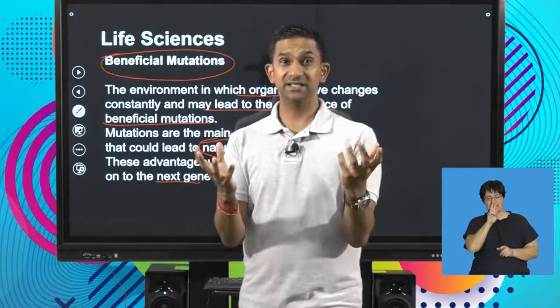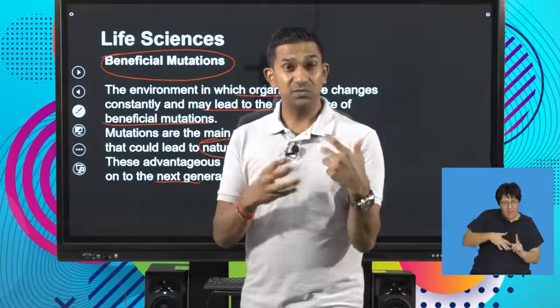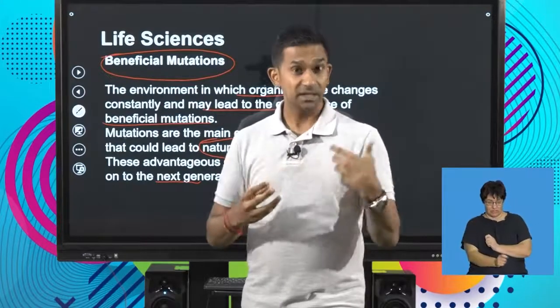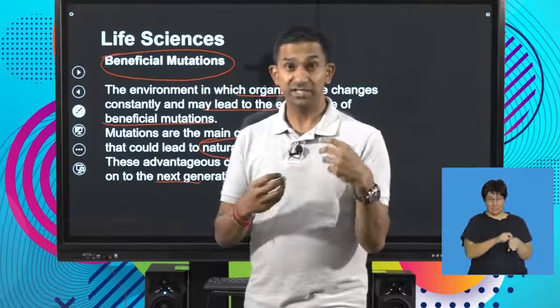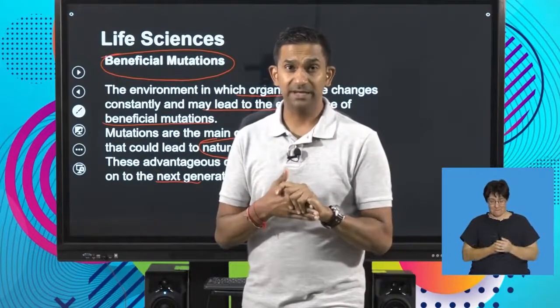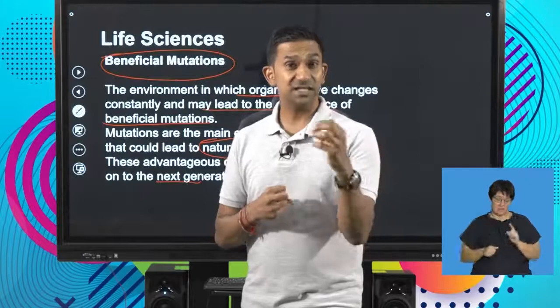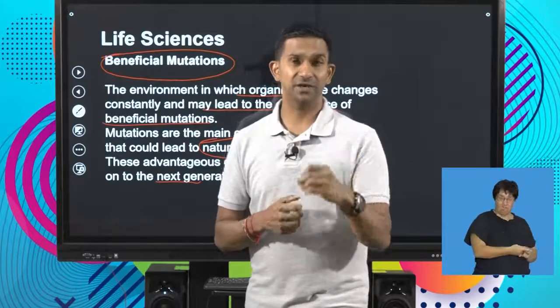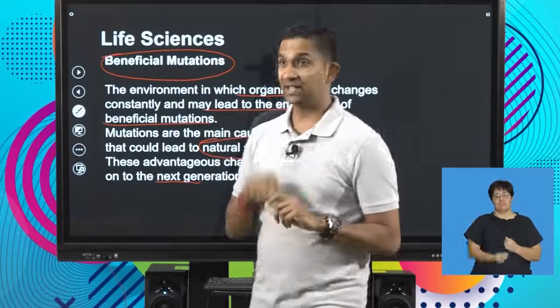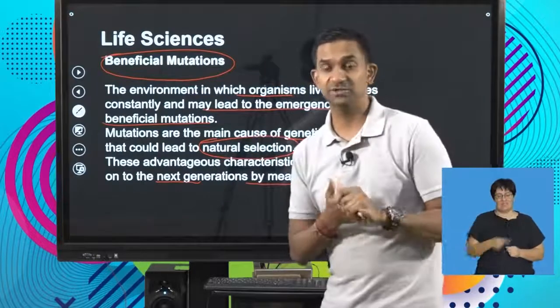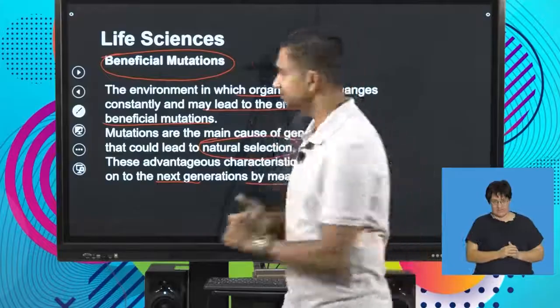So we see that when the environment changes, for example, in this case an environment which has a high amount of exposure to the parasite for malaria, these individuals in that environment have a significant advantage. And we say that they're better suited because of a mutation. And that becomes a beneficial mutation to the individual.